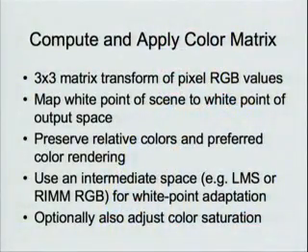Part of what you're doing there is to map the white point of your scene into the white point of the output color space. For example, if you use sRGB, that space is defined in terms of a set of primaries and a reproduction white point, where they say the reproduction white point is D65, which means approximately the color of a 6500 Kelvin black body. They've defined it that way because they're thinking about monitors and reproducing pictures on monitors.